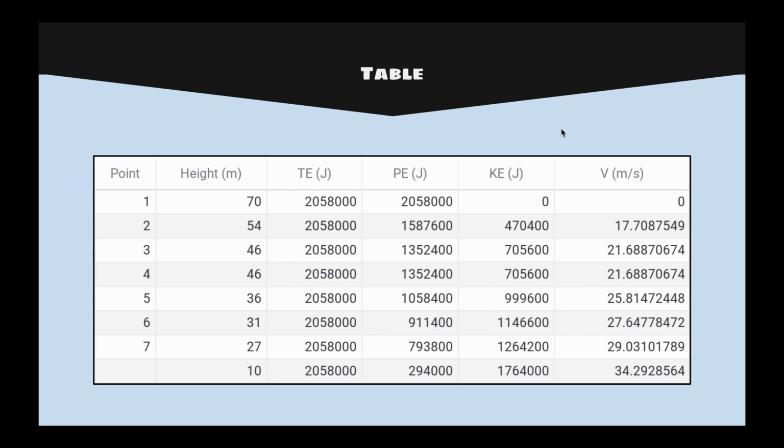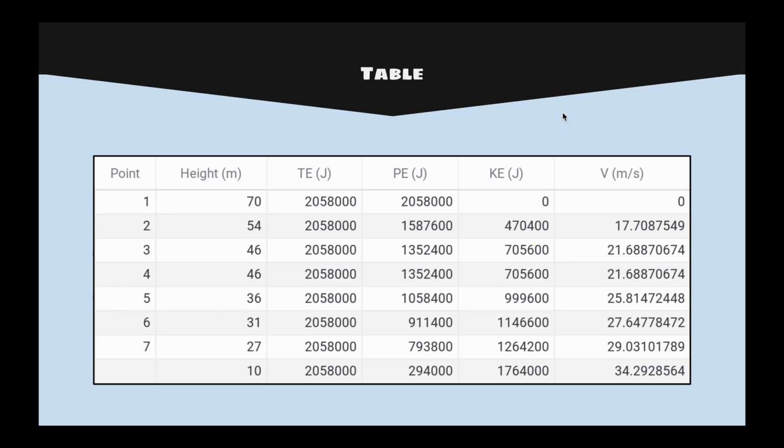So basically, what is going on here is that starting from the first point, that's the highest point, and then from there, every subsequent point gets lower and lower until it reaches 10 meters from the ground. So obviously, based on the conservation of energy, the total energy in joules is going to stay the same at roughly 2.05 million joules.